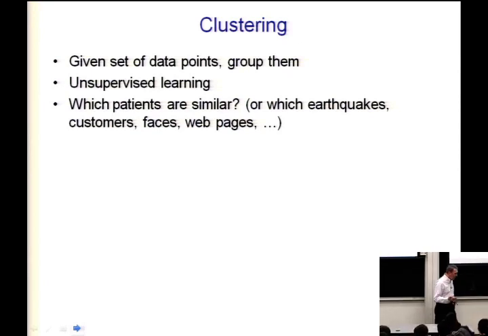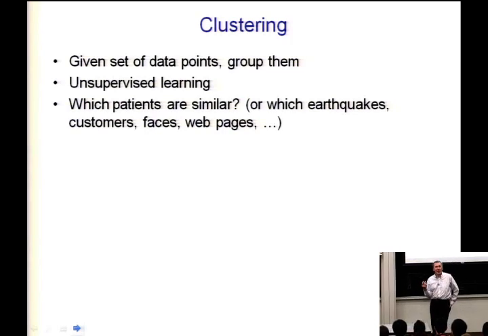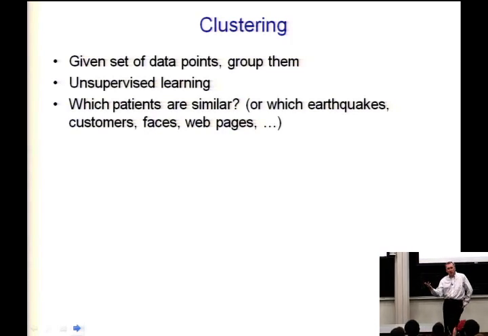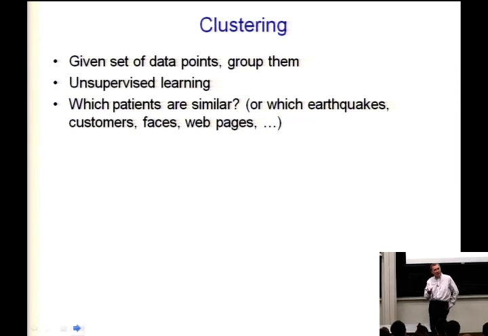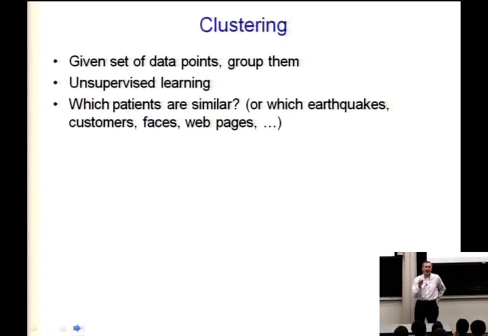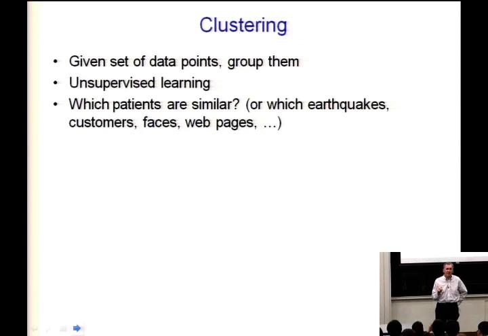But we can make it into a well-defined problem if we take the point of view that we want to train some probabilistic model, a Bayes net for example, to cluster these points. And we'll specifically say that the best clustering is the one that maximizes the likelihood of the data.